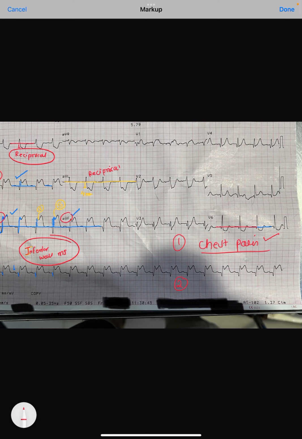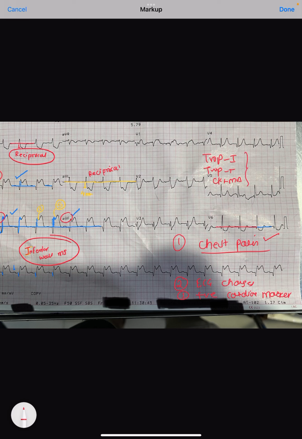The second thing, the patient's ECG should show these changes. The third thing is that the patient should have positive cardiac markers, meaning troponin I, troponin T, and very commonly CKMB, that is creatine kinase, which is myocardial specific.